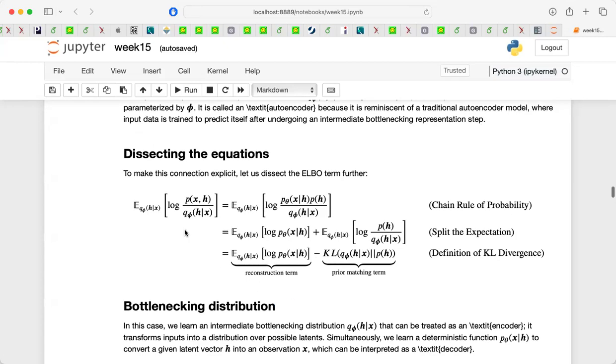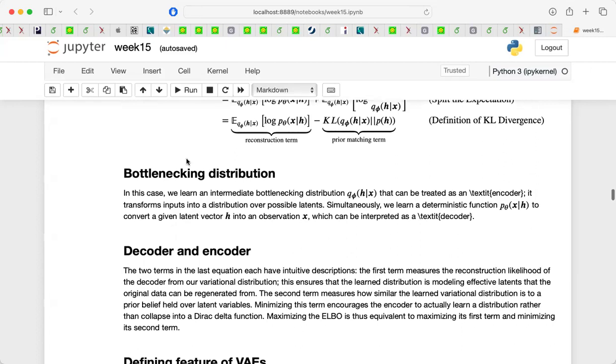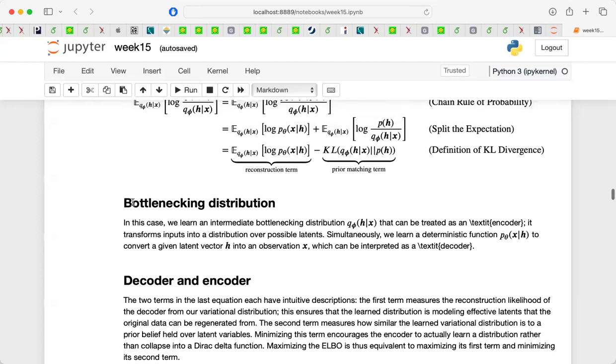And when you look at these explicit expressions, what we do now is that we learn an intermediate, often called a bottlenecking distribution, that can be treated as an encoder. It transforms input into a distribution over the possible latent space. And simultaneously, you learn a deterministic function, P of X given H, to convert a given latent vector H into an observation X, which can be treated as a decoder.